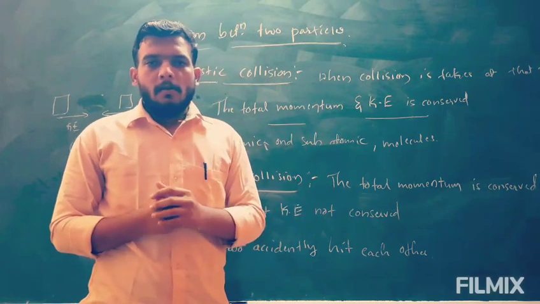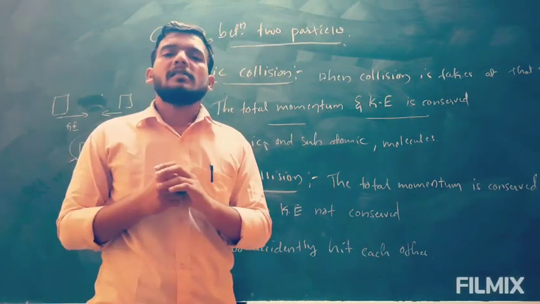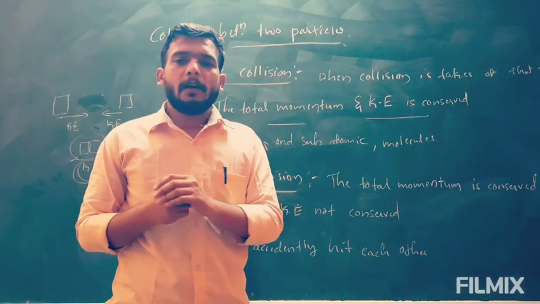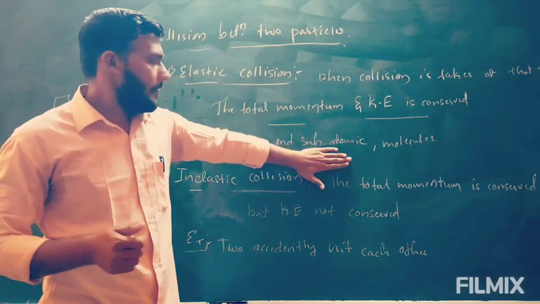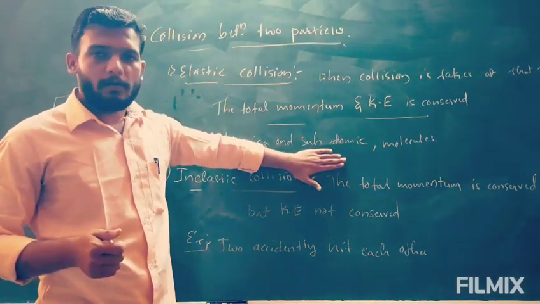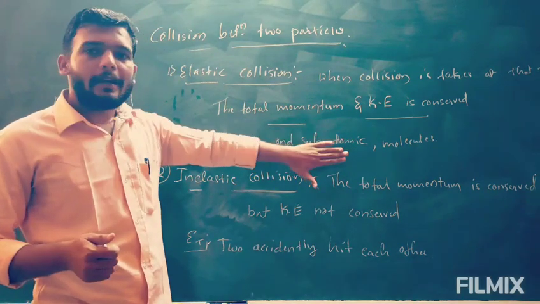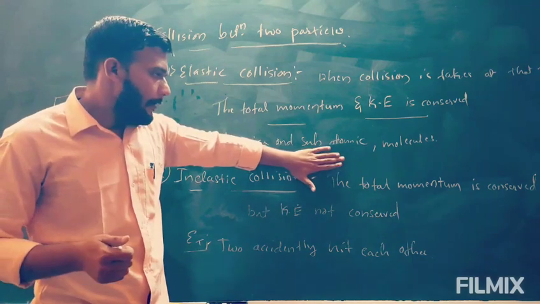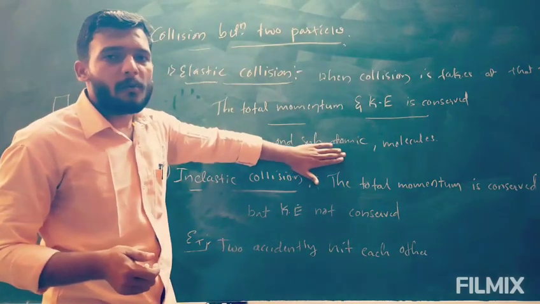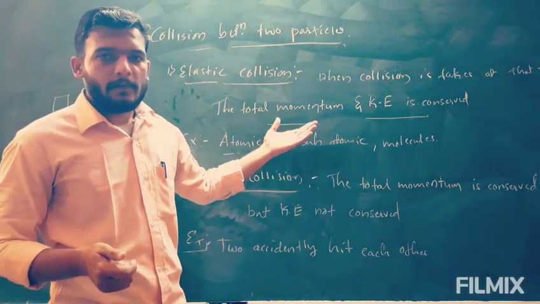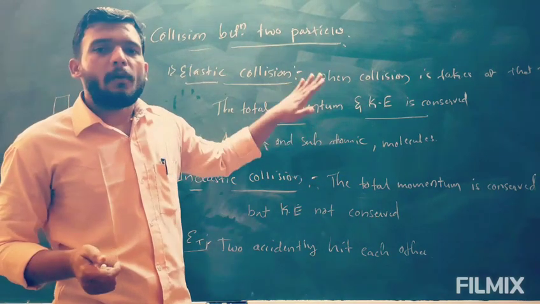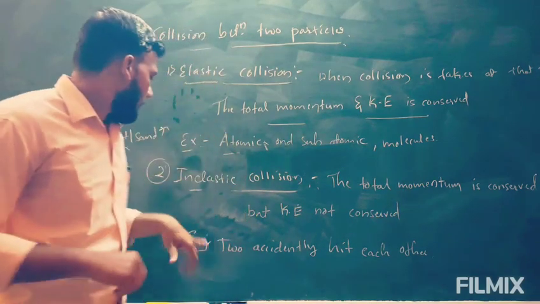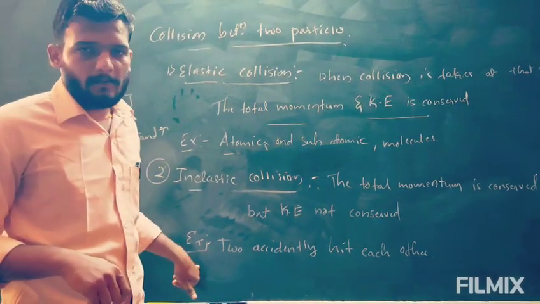Momentum is conserved, but kinetic energy is lost in the form of heat or sound. For example, when I hit this board, initially my hand has kinetic energy; after hitting, it stops, and the energy is lost in the form of sound. But the momentum is conserved here. This is the inelastic collision.